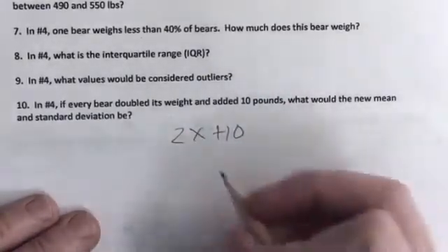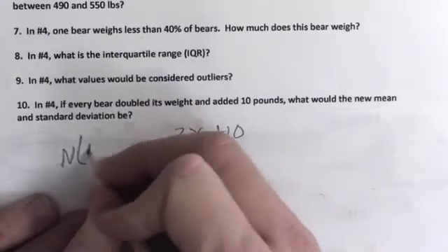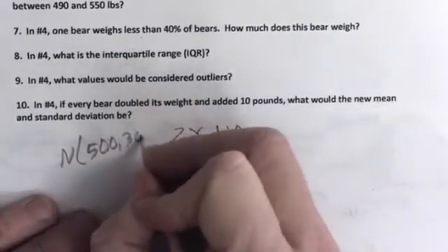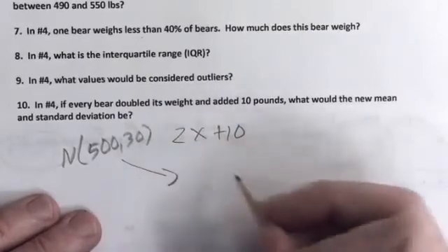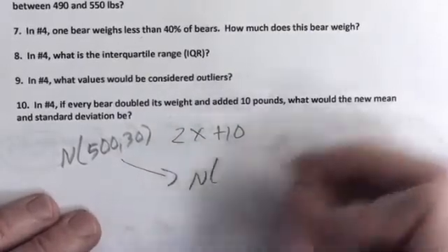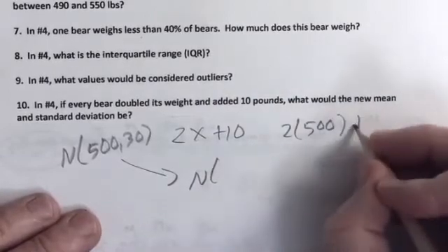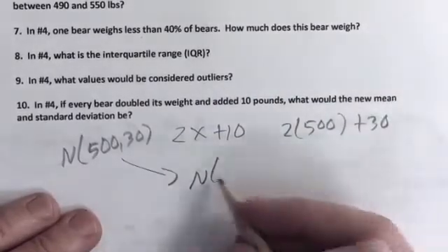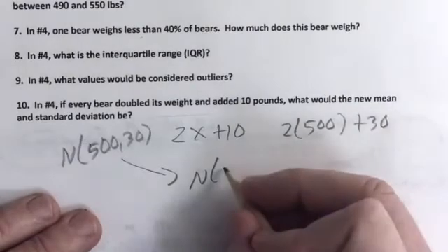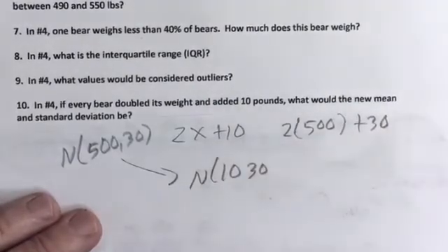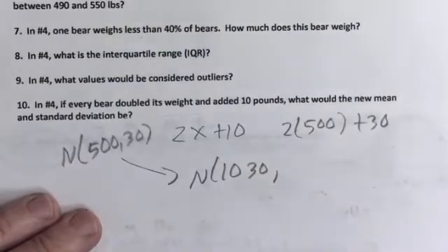Okay. So in regards to the mean, our old mean is 500, standard deviation of 30. Our new mean is going to be 2 times 500 plus 10. And so that would be 1,000 plus 10, it'd be 1,010, right? Okay. What would the new standard deviation be?